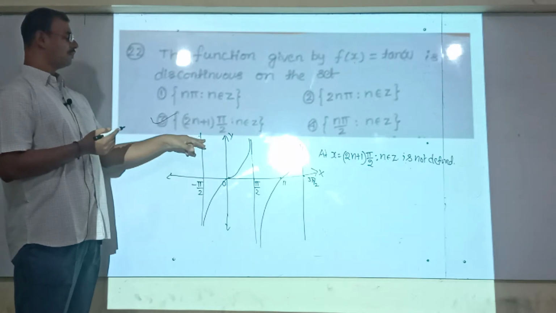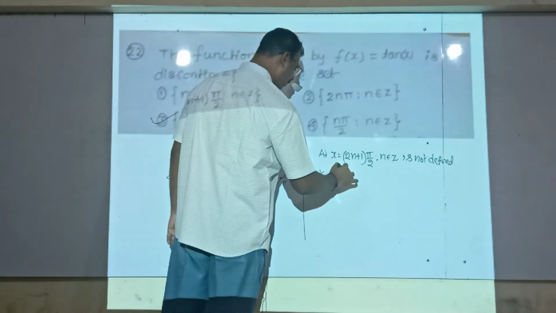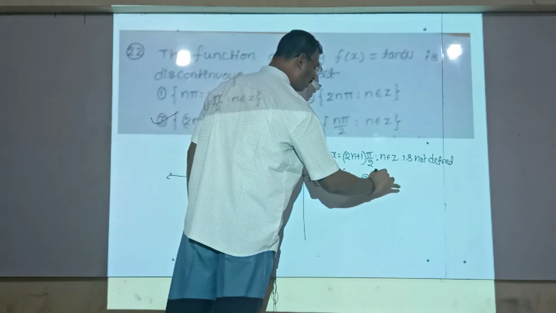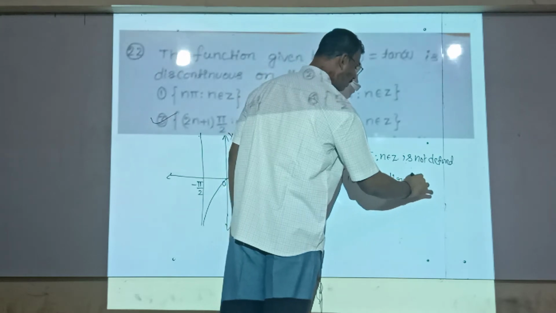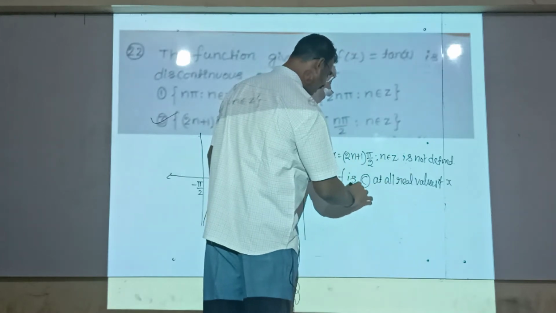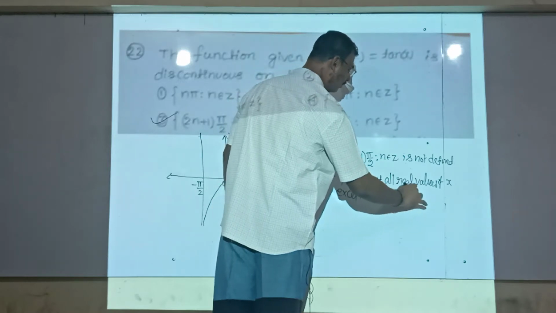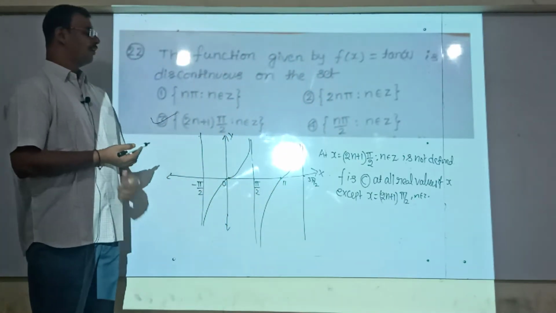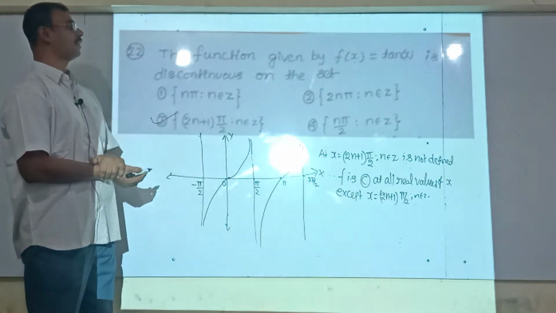In a similar way, we can say therefore f is continuous at all real values of x except x equal to (2n plus 1) pi by 2, where n belongs to Z. At all real values it is defined except x equal to (2n plus 1) pi by 2.